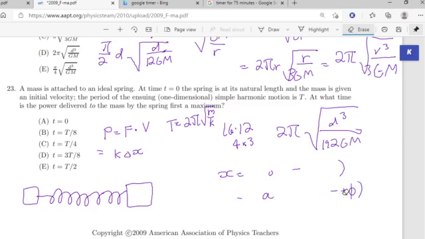I think I might need to take another approach to this. Okay, so because the power is force times velocity, and the force is the greatest at one of the amplitudes, well, the velocity is the greatest at the middle.